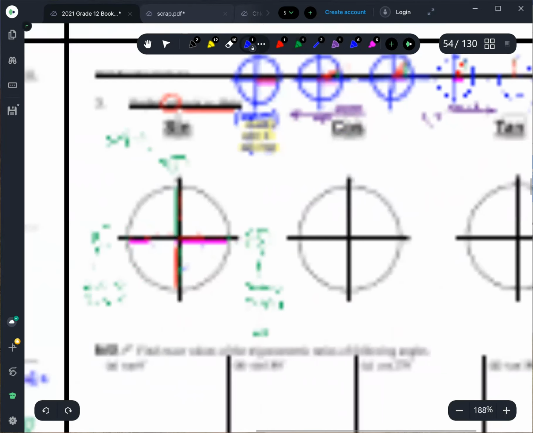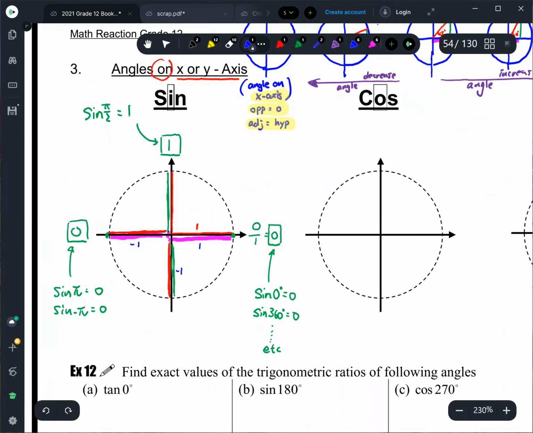So in this case, at the bottom part, your opposite is -1. Your hypotenuse is still positive. We're doing sine. Sine is opposite over hypotenuse. Opposite is -1, hypotenuse is 1, so you get -1.